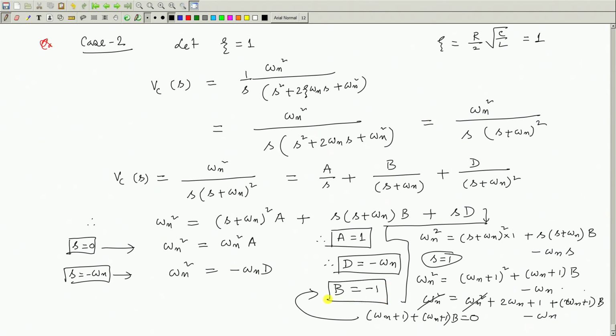Got the point? Those who are very fast can quickly get these three constants A, B, D. I have not assumed this to be C, it may confuse with the capacitance value.